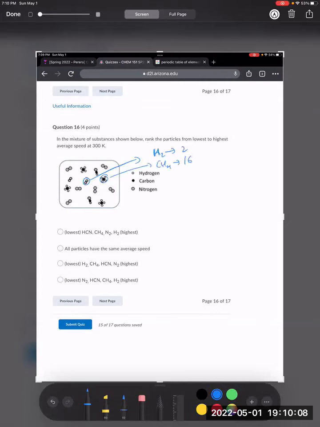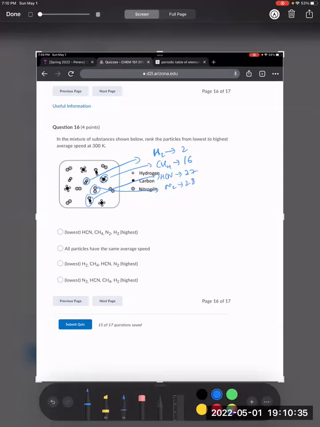They have a mass of 16. And then we have HCN. Nitrogen is 14, carbon is 12, 26 plus 1 is 27. And then we have nitrogen. One nitrogen atom is 14, 14 times 2 is 28. That should be the heaviest.